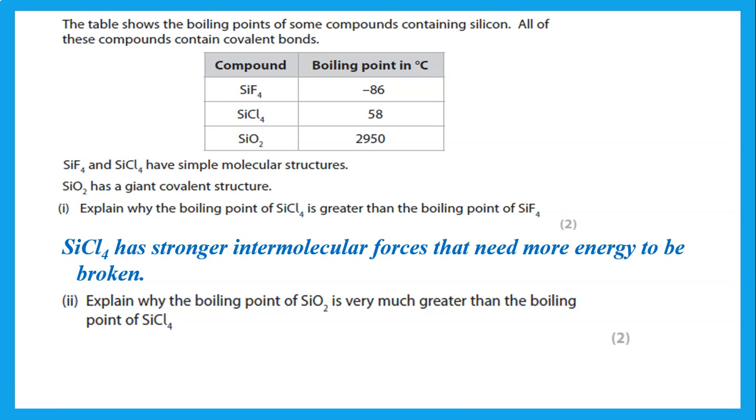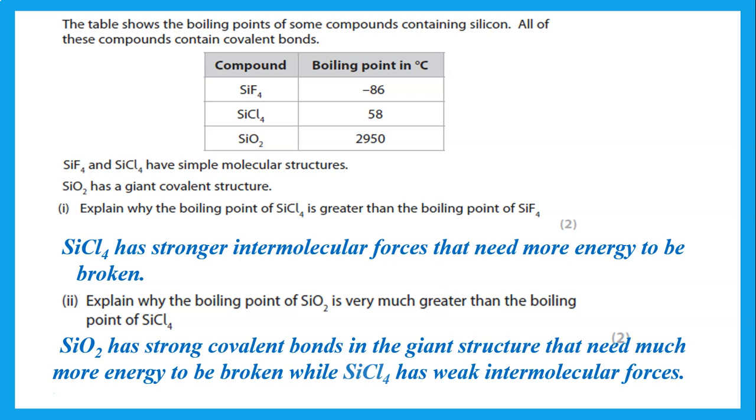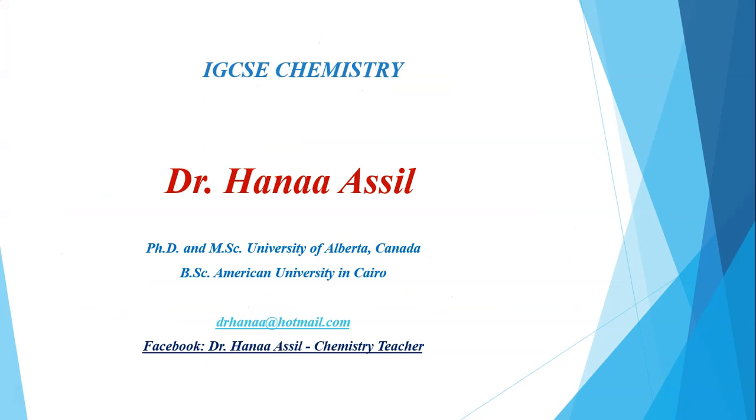What if he's saying, explain why the boiling point of silicon dioxide is very much greater? Well, if it has very high melting point, that is because it has strong covalent bonds in the giant structure that need much more energy to be broken, while the silicon tetrachloride has weak intermolecular forces.